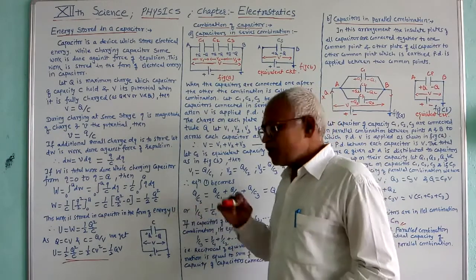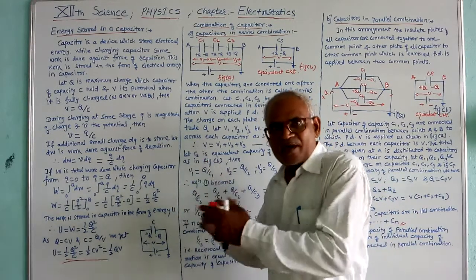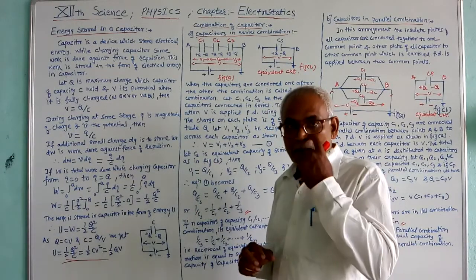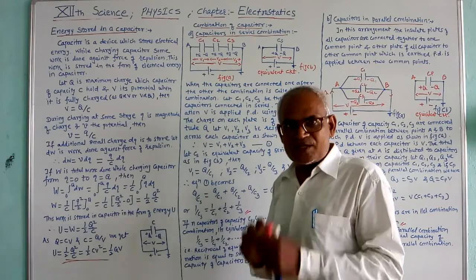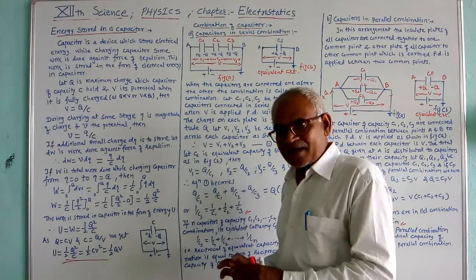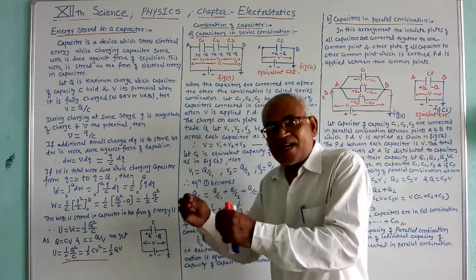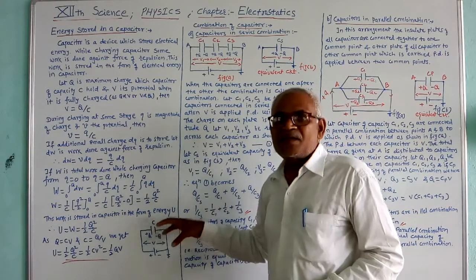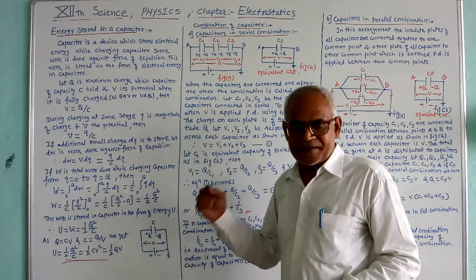Now the maximum amount of charge which this capacitor stores does not get stored at time t equals 0, but it will take some fraction of a moment to store the maximum charge in it.